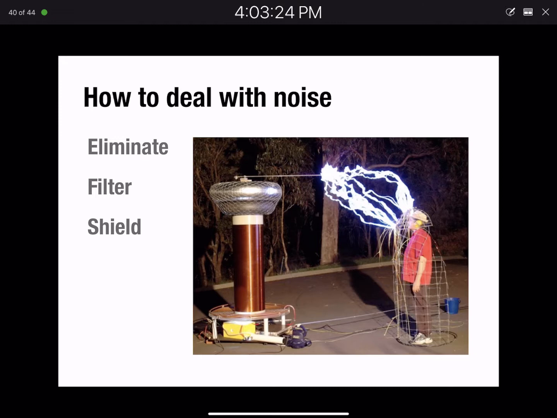The way it works is all those magnetic fields that are impinging on it from the outside induce current in the Faraday cage, and it gets shunted into the ground, and it doesn't transmit through the cage. It basically just gets captured and shunted away. This is an extreme example, where you've got this thing generating huge electrical currents, and the guy is completely safe because everything's been shunted by the Faraday cage.